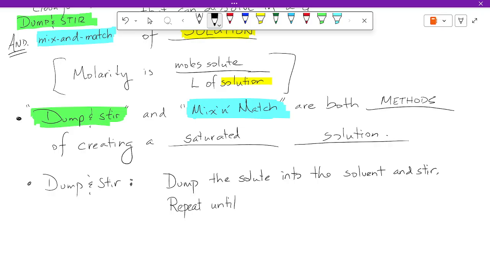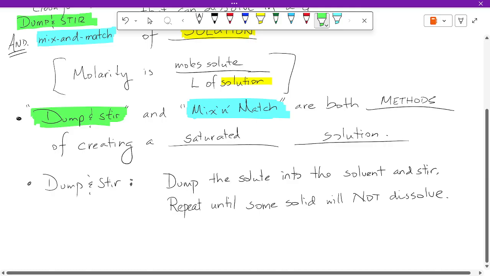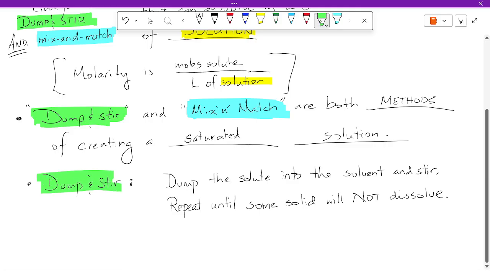Until some solid will remain, will not dissolve, okay? Until some solid will not dissolve. Okay, so that is our dump and stir. Yay.